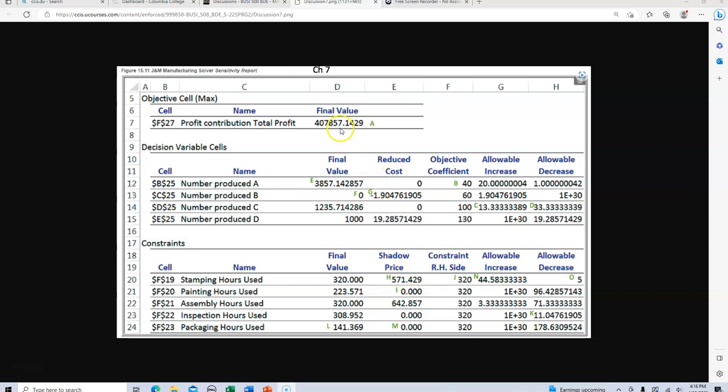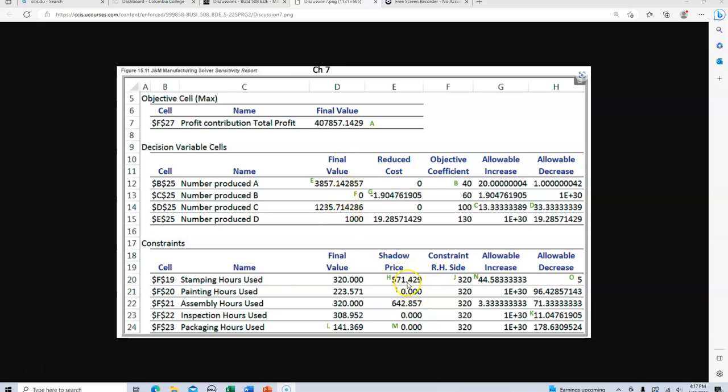That's what you would see as the increase in the objective function. And just to point out here, when we talk about the optimal solution, the final value, or the objective function, is not the optimal solution. The optimal solution is the values of your decision variables once the model is solved. So your optimal solution is here.